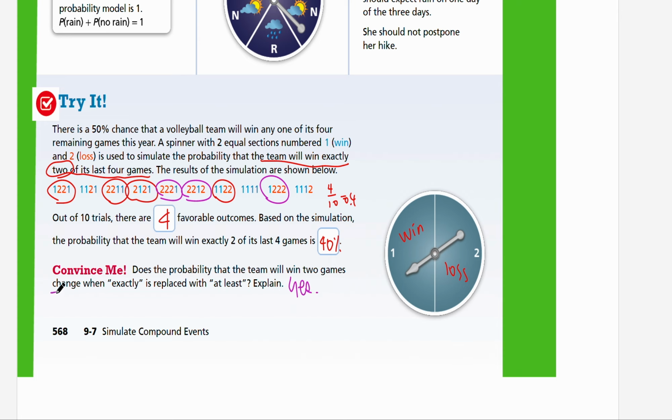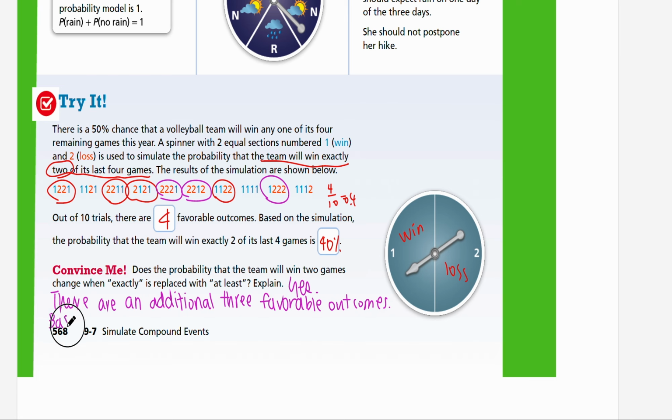There are an additional 3 favorable outcomes.